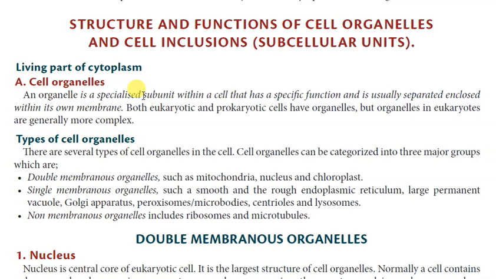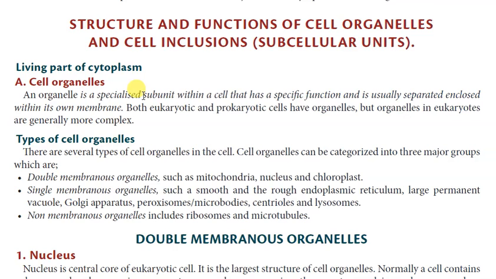Kwa hiyo inaitwa specialized because of the presence of specific features and specific chemistry or specific category of enzymes which are involved. And all of these, in terms of chemistry and even structure, make it specialized to perform a certain function. Maybe it is photosynthesis or it is respiration, depending on the organelle itself.